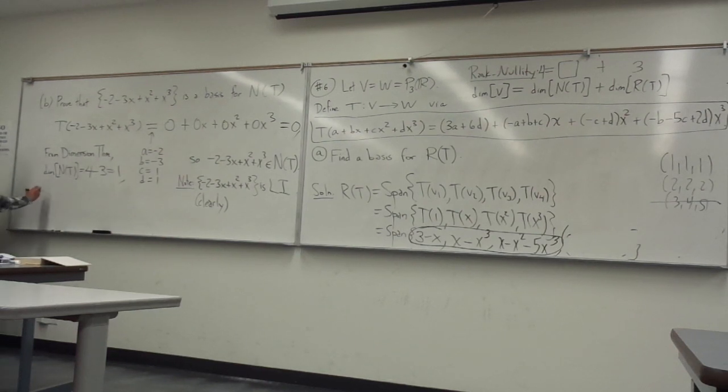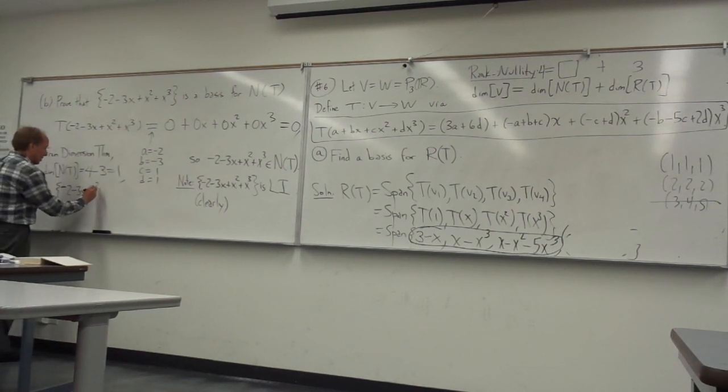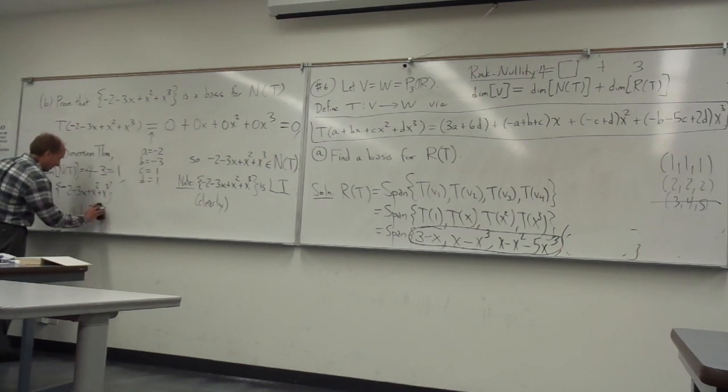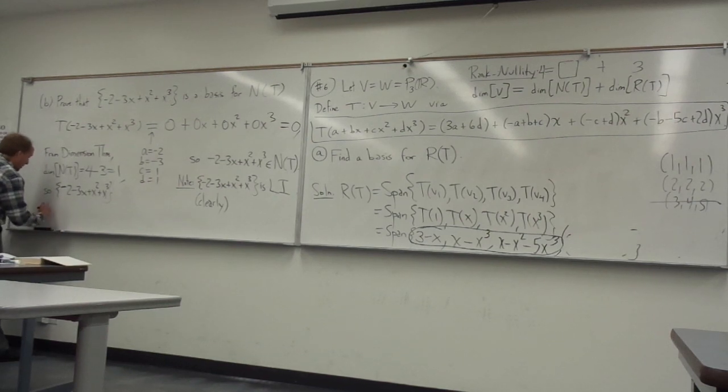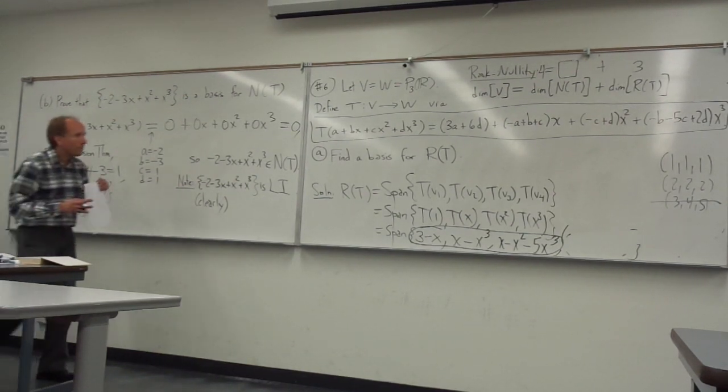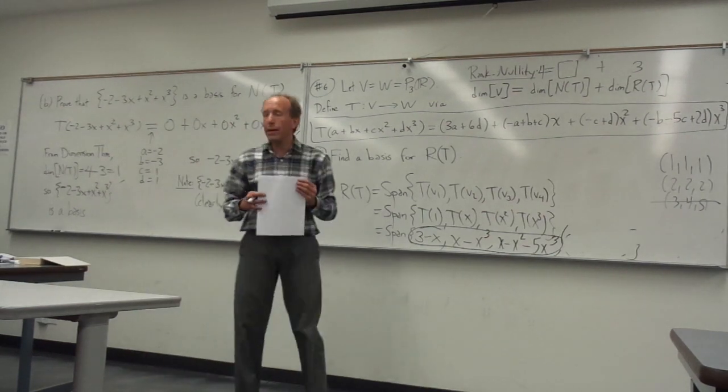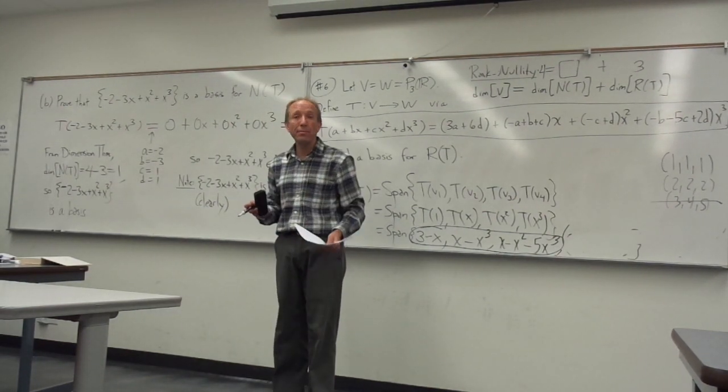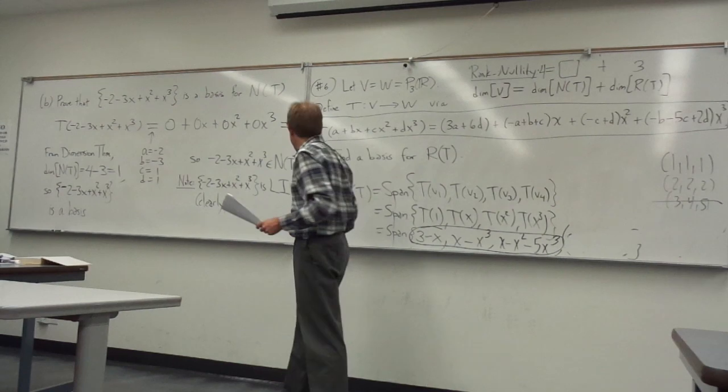So it's one-dimensional, and so the set -2 minus 3x plus x squared plus x cubed is definitely a basis. It's the right number of vectors. It's one vector, and it is also a linearly independent set. So therefore, it's a basis.